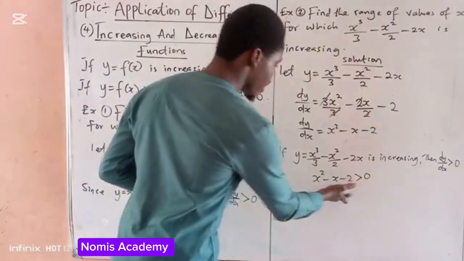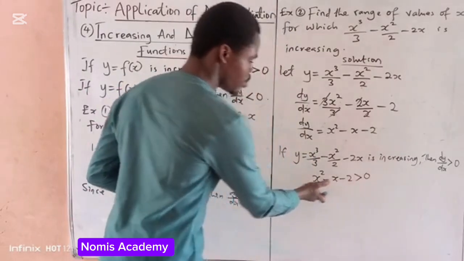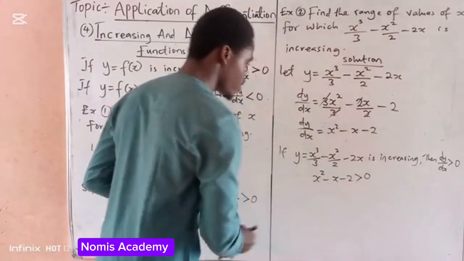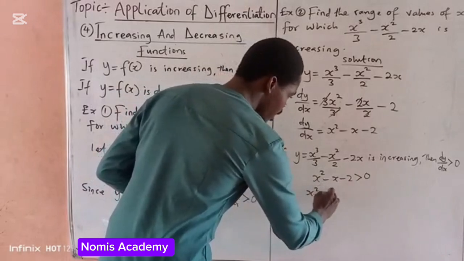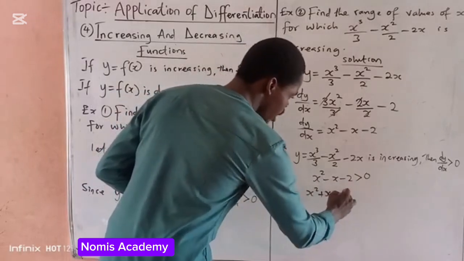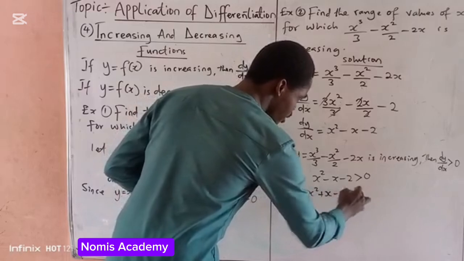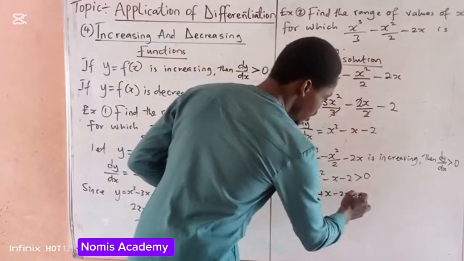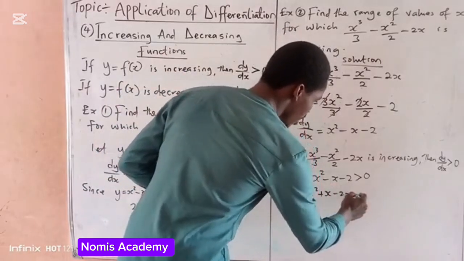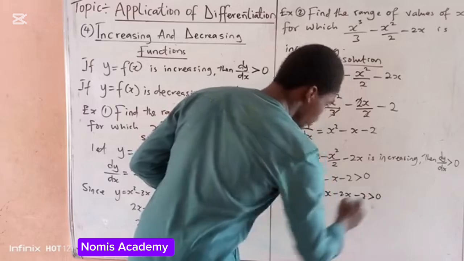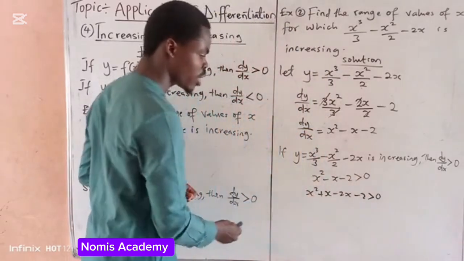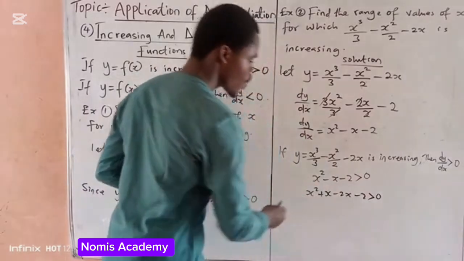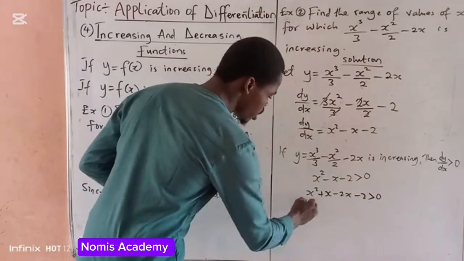Now let's simplify this. This is a quadratic expression, so we are going to solve it. We have x squared minus 2x plus x minus 2 greater than 0. When you use the factorization method, you factorize the quadratic expression, keeping the first two terms and the last two terms, and simplify what is common.